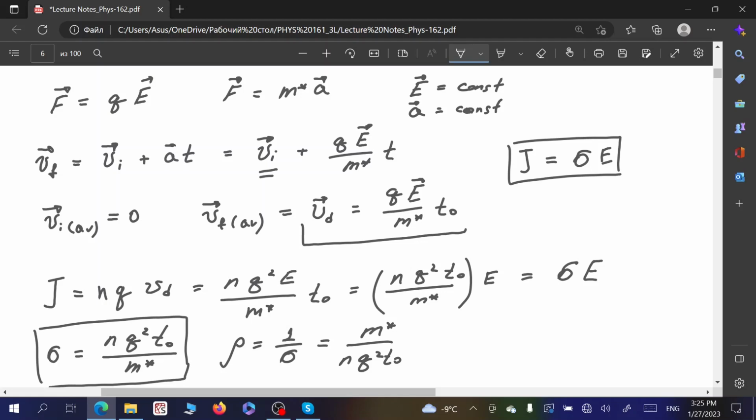Then this t naught, the time of free flight, will define how, roughly speaking, densely this crystalline structure centers, like atoms of the material, are packed, and how easily charge carriers can move around them. And obviously that is also related to effective mass, how much this crystalline structure suppresses the motion of charge carriers inside this material.